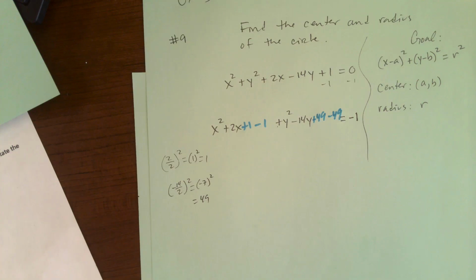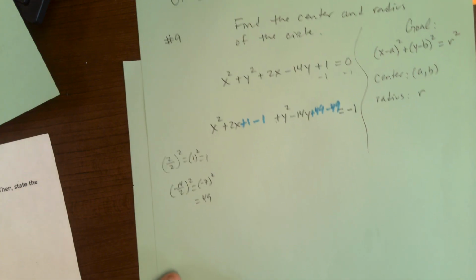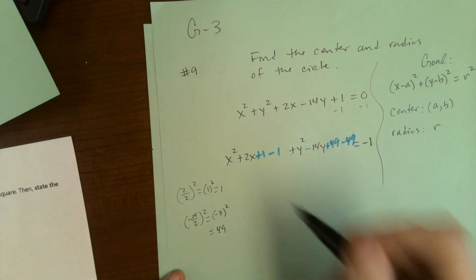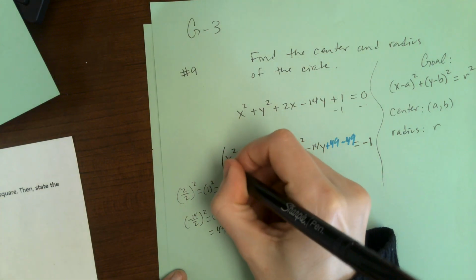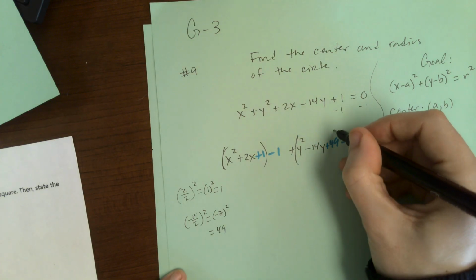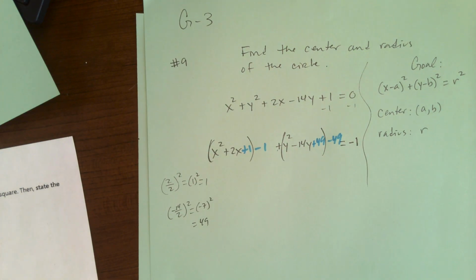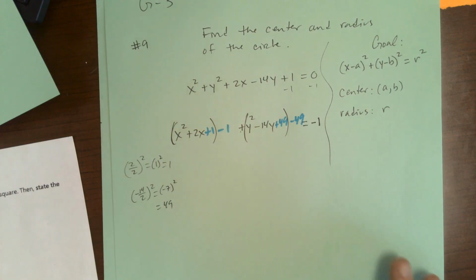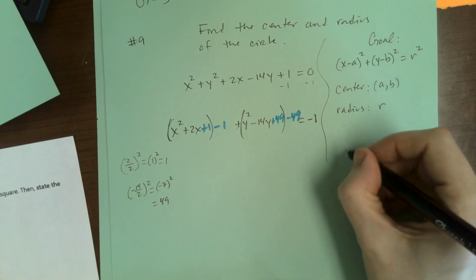Now, the next thing I want to do is focus on this trinomial and that trinomial. The two trinomials that I just put parentheses around are perfect square trinomials, so they should factor nicely as the same binomial multiplied by itself. You could do it off to the side if you want.